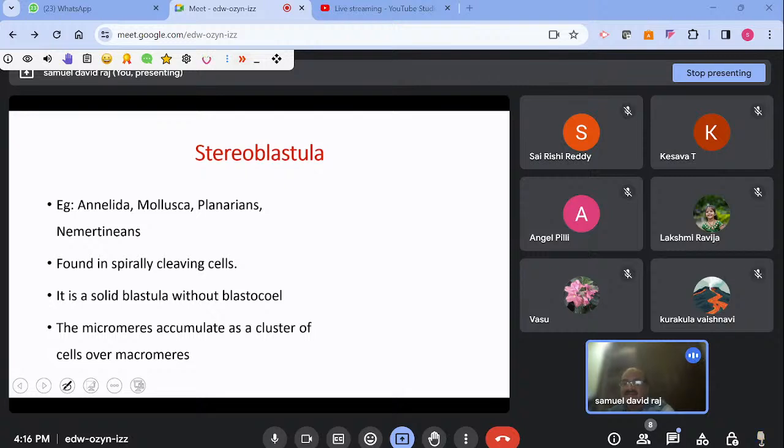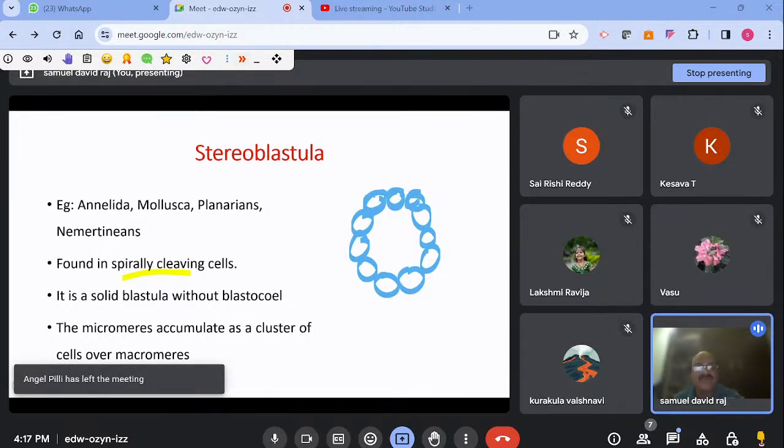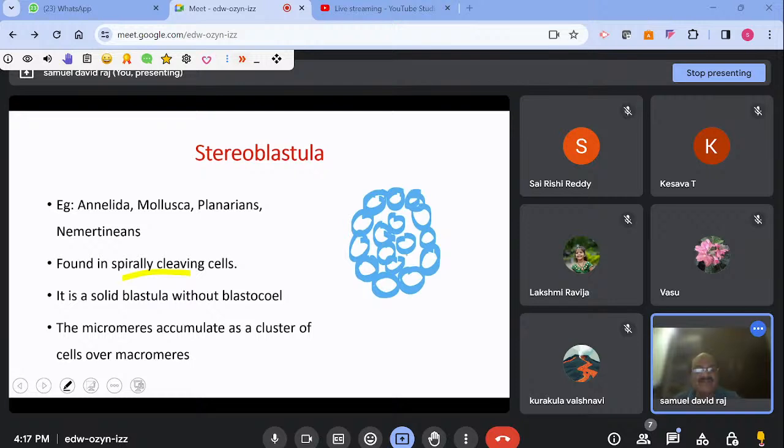Coming to the stereoblastula. Stereoblastula is seen in spirally cleaving cells where, because of these divisions, the blastocoel is absent. There is a blastoderm with cells which are micromeres, and cells towards the vegetal pole are macromeres, and there is no blastocoel because it is already filled with cells.